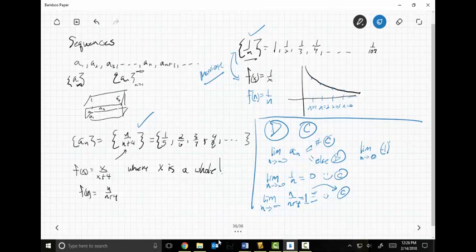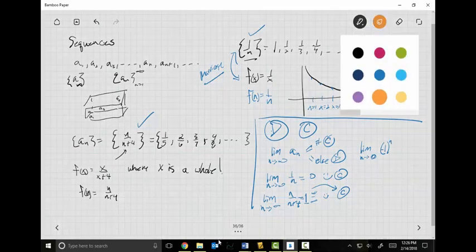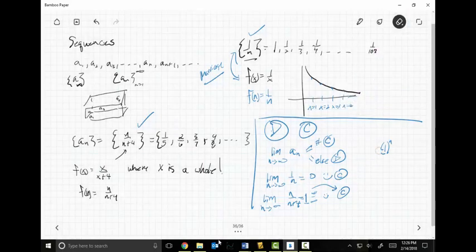Let's suppose that a sub n, the sequence, is equal to -1 to the n. Now, this is where it gets a little confusing because we're not going to end up with unique terms. When n equals 1, I get -1. When n equals 2, I get 1. When n equals 3, I get -1. When n equals 4, I get 1, and so on, ad infinitum, forever.